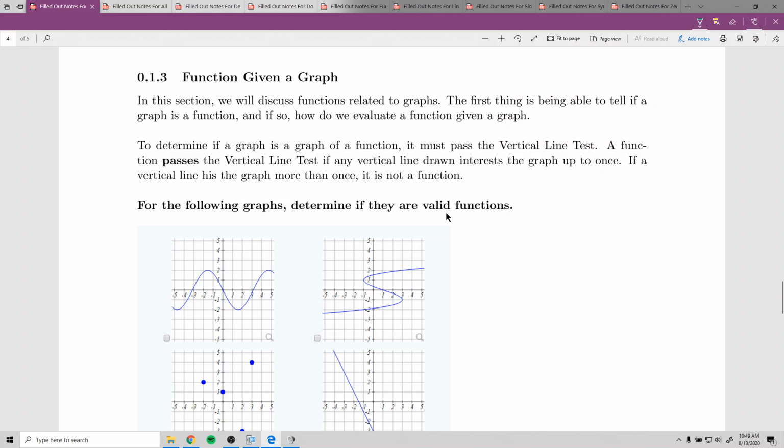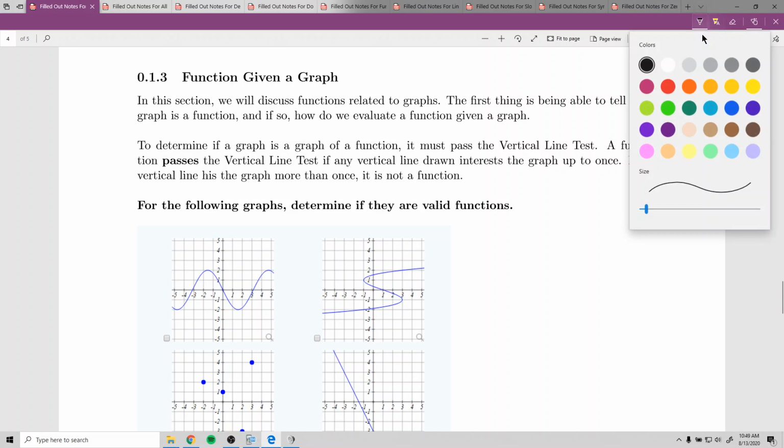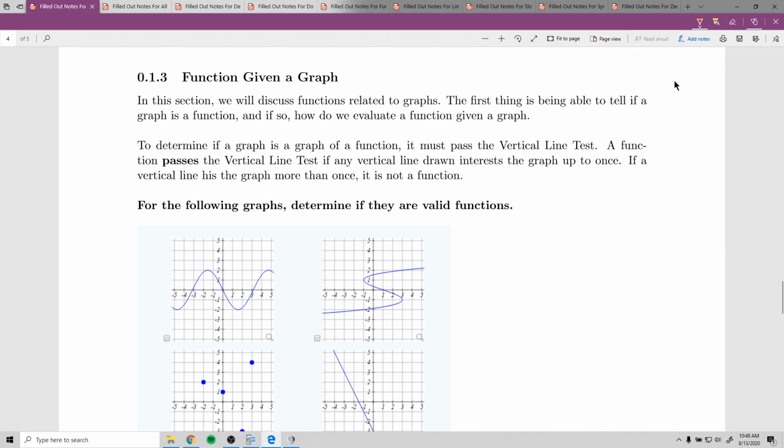Right, the next little section, we want to be able to look at a graph and tell whether it's the graph of a function. And some of you may be familiar with this, something called the vertical line test. So to determine if a graph represents the graph of a function, it must pass the vertical line test.